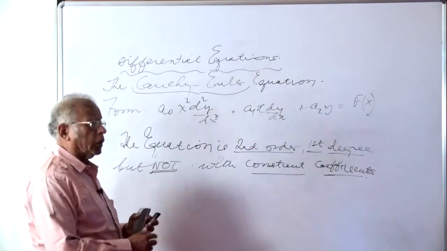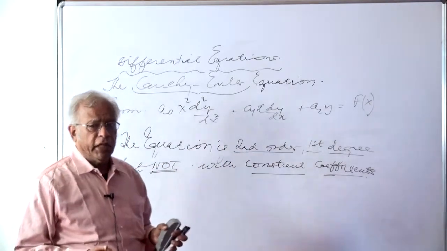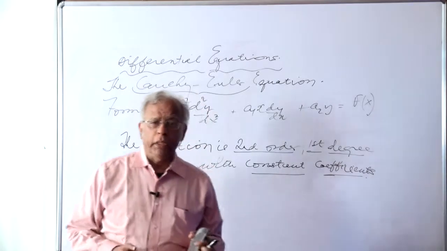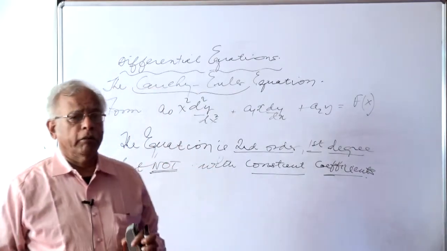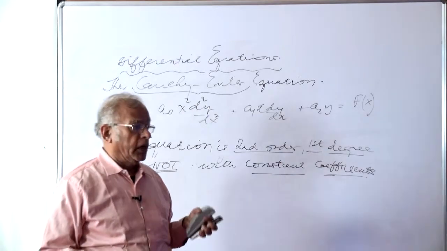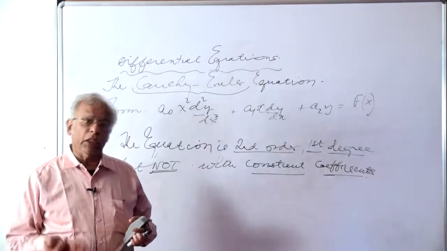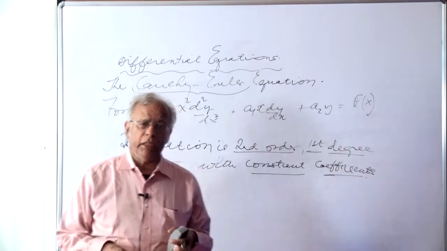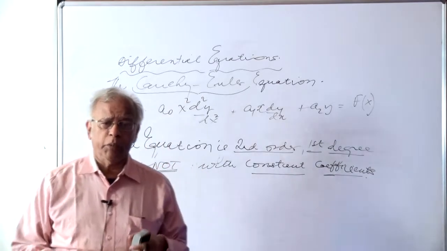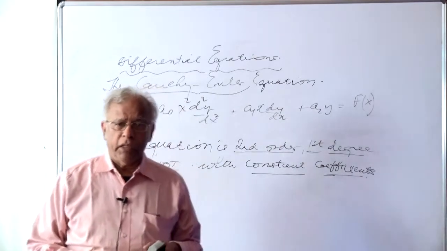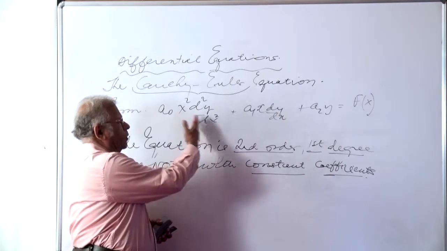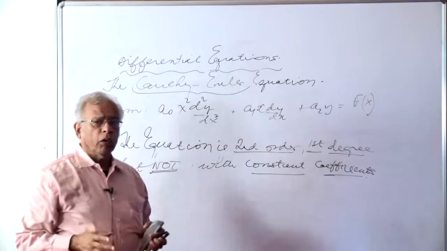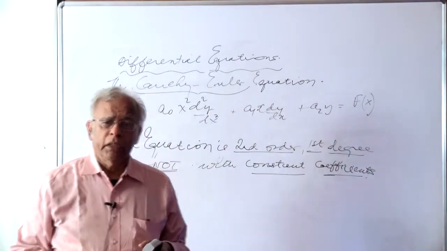So we will see how to convert this by a very simple substitution into an equation of the form of a second order linear equation with constant coefficients. That is the focus of the Cauchy-Euler process, to convert this kind of equation into one that has constant coefficients tagged on to the derivatives of the different orders.